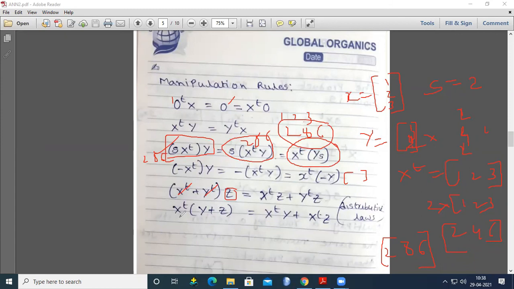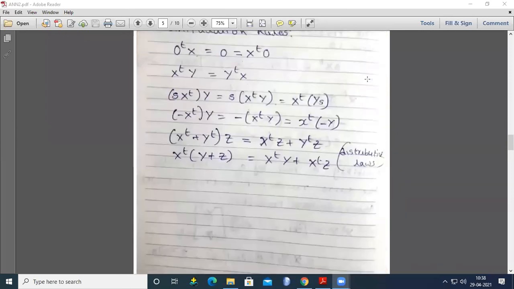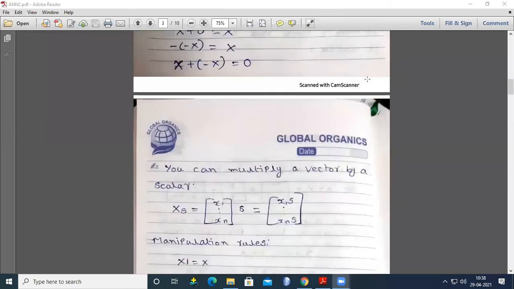Another distributive law is x^T into y plus z equals x^T y plus x^T z. So these are the manipulation rules regarding multiplication.